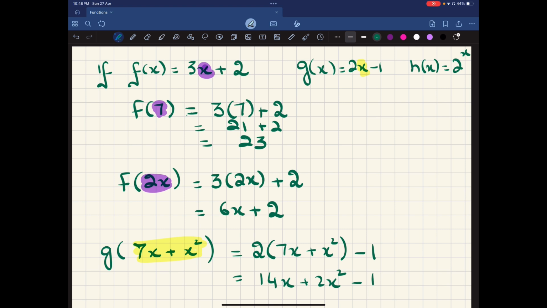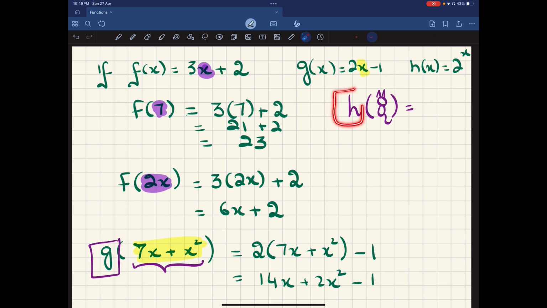Okay, so whatever is in the bracket is what you're going to substitute in the respective function in place of x. Okay, no matter what it is. So if they ask you to find h of what, a cat, you're simply going to go to function h, and wherever there is an x, you're going to replace it with whatever is in the bracket.